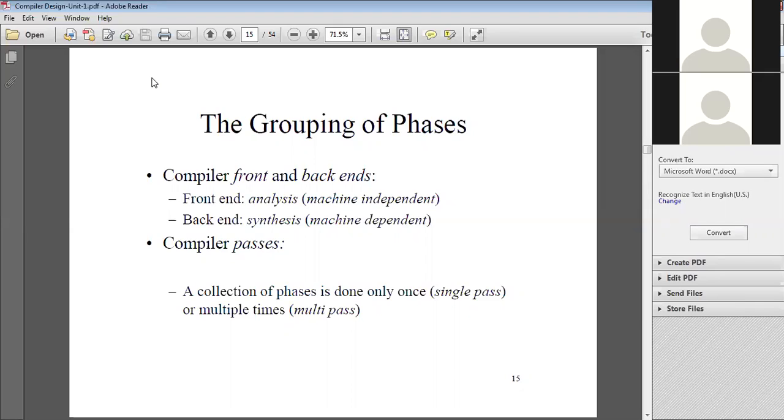Multiple pass means it is distributing its load into different passes, means the compiler does the analysis phase in one pass, synthesis phase in another pass, code optimization in another pass. So this is called the multi-pass. Means it is dividing the load into different passes.